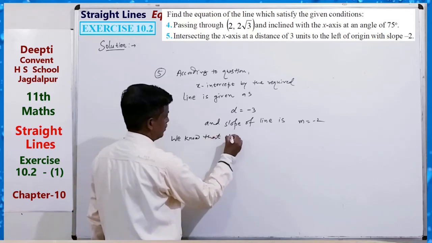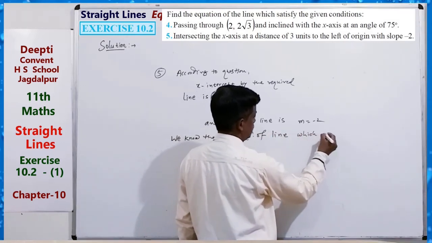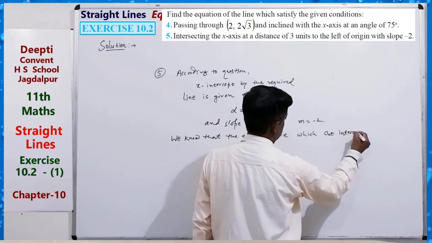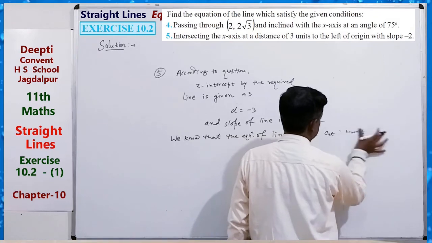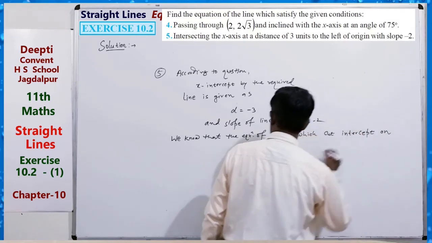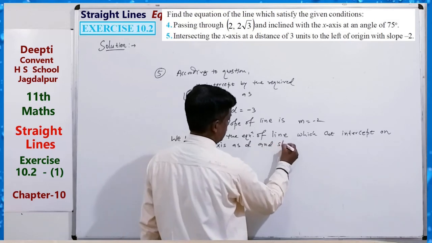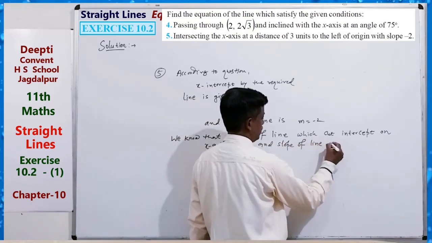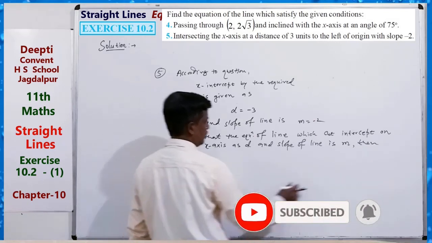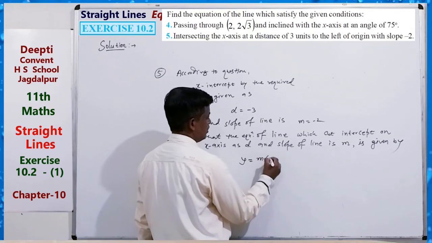We know that the equation of a line which cuts an intercept on the x-axis as d and whose slope is m is given by y equals m x minus d.